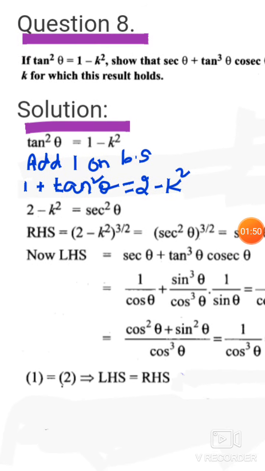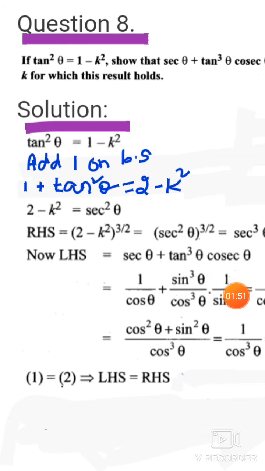Now take the left hand side. Left hand side you have secant theta plus tan cube theta into cosecant theta. Using a reciprocal relation we can write secant theta as 1 by cos theta, and tan cube theta using a quotient relation, because we know that tan theta is equal to sin theta by cos theta, so it becomes sin cube theta by cos cube theta.